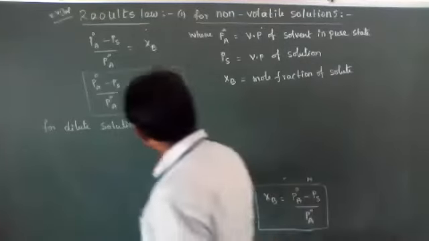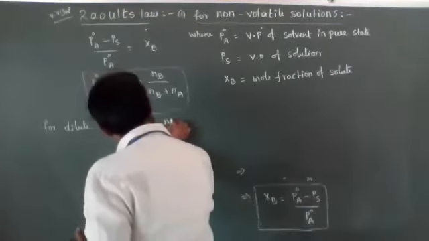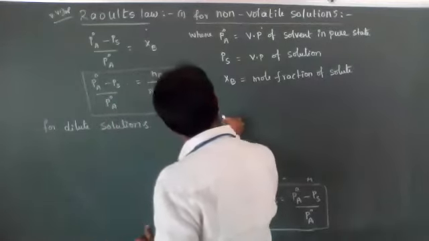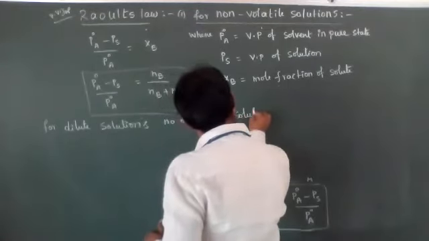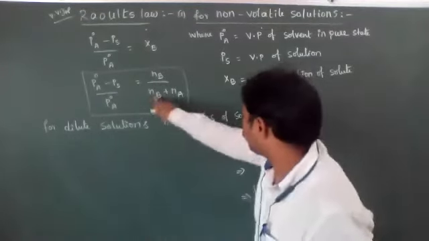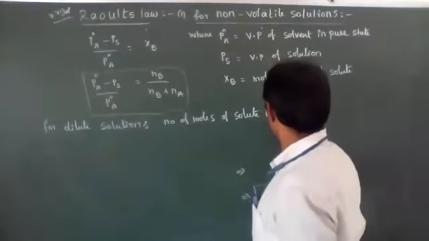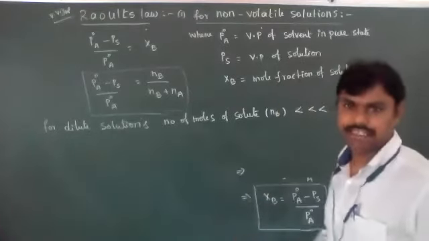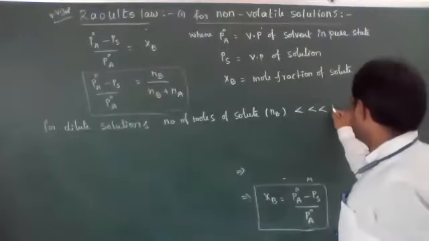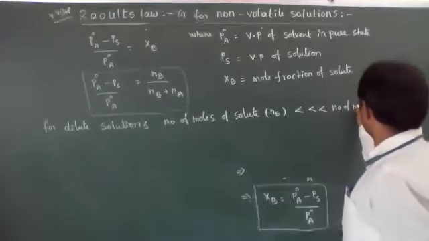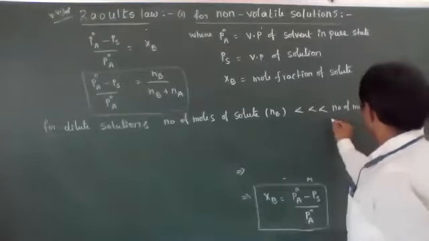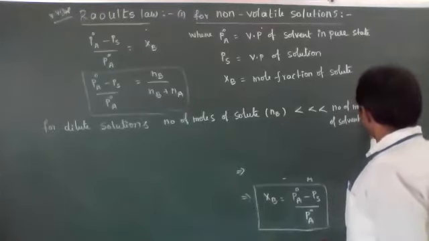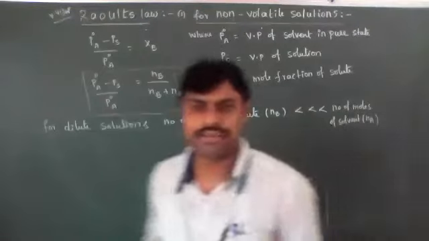So for dilute solutions, the number of moles of solute, NB, is very small when compared to the number of moles of solvent, that is NA.